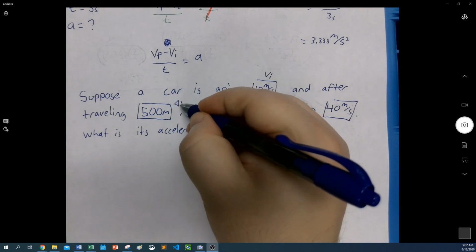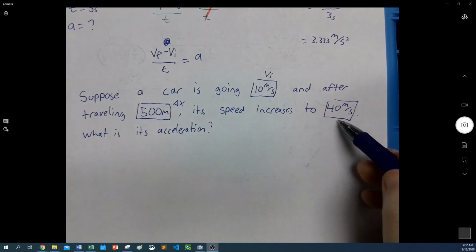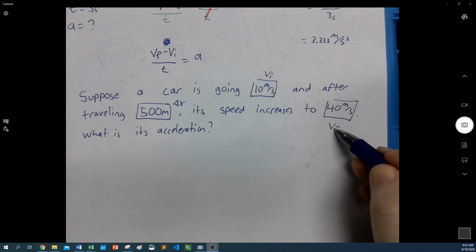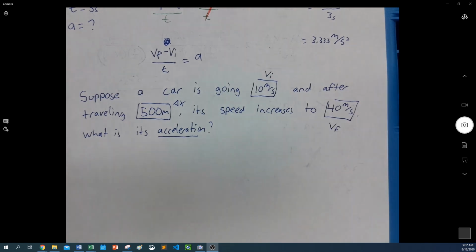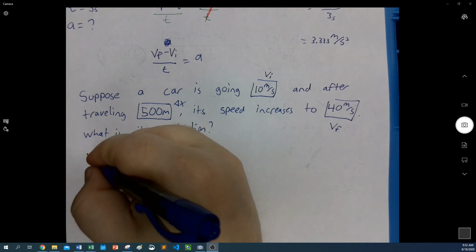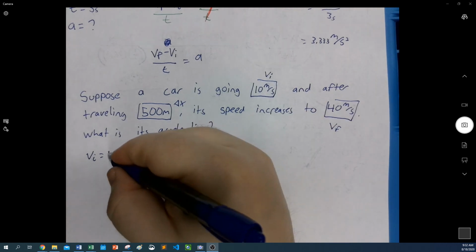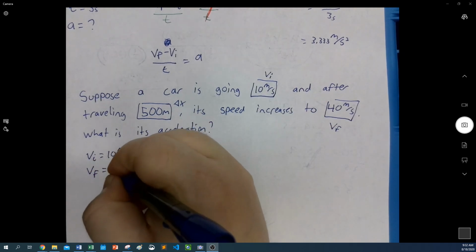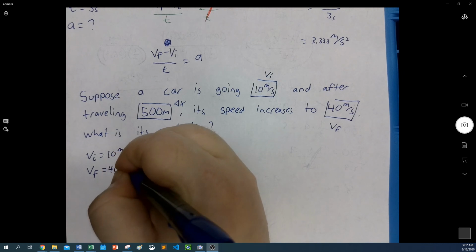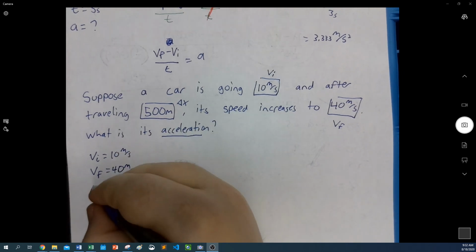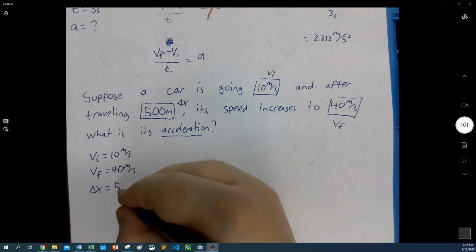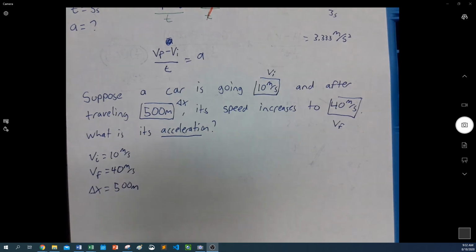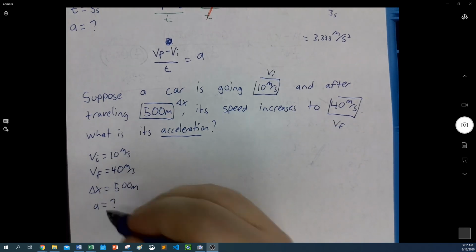Delta X. And this would be VF. And we are looking for acceleration. So VI is equal to 10 meters per second. VF is equal to 40 meters per second. Delta X is equal to 500 meters. And we're looking for acceleration.